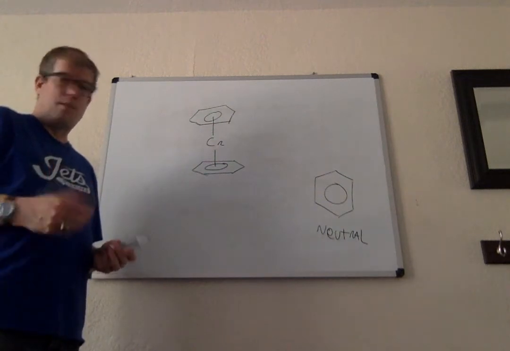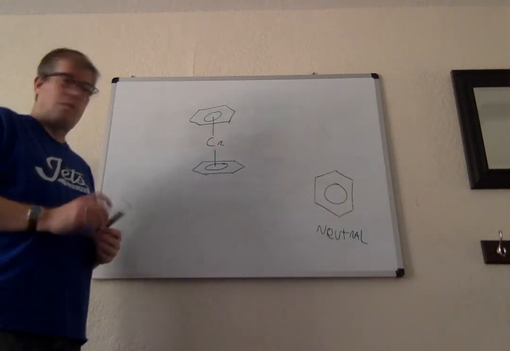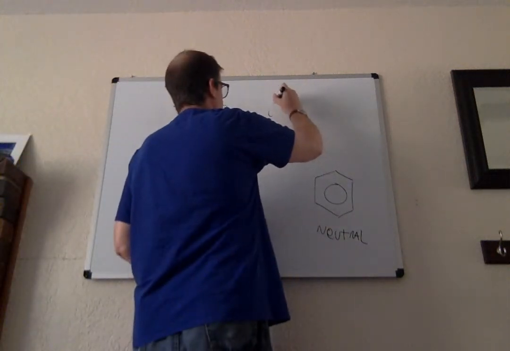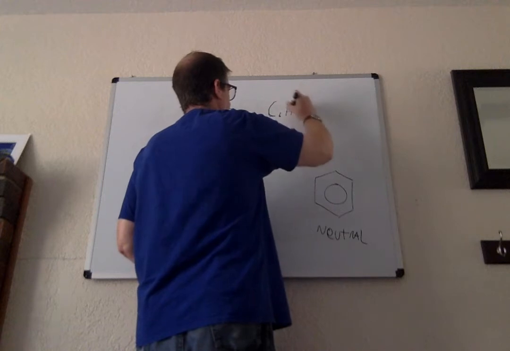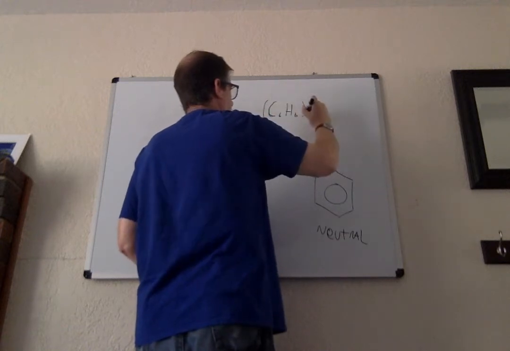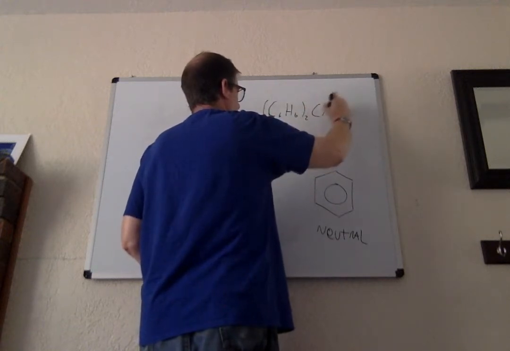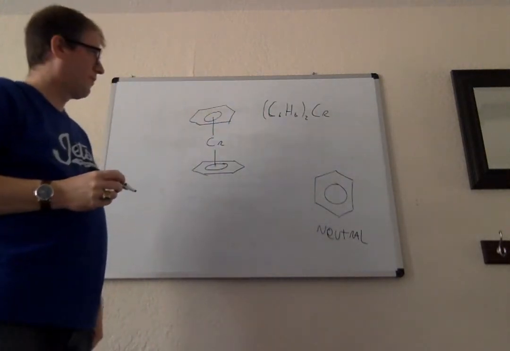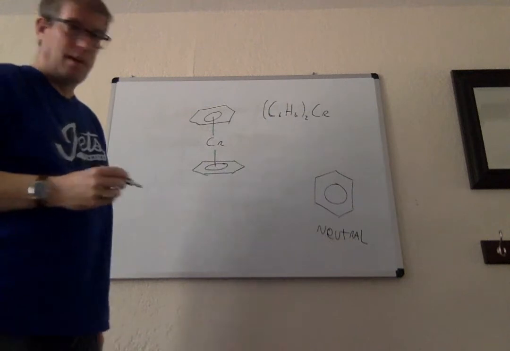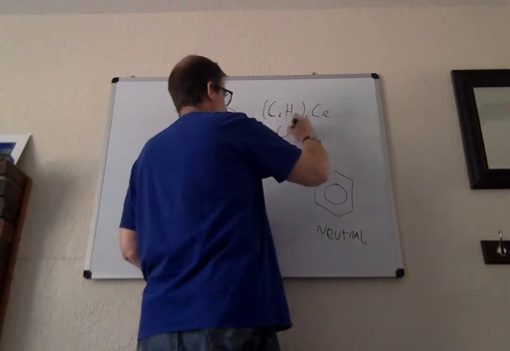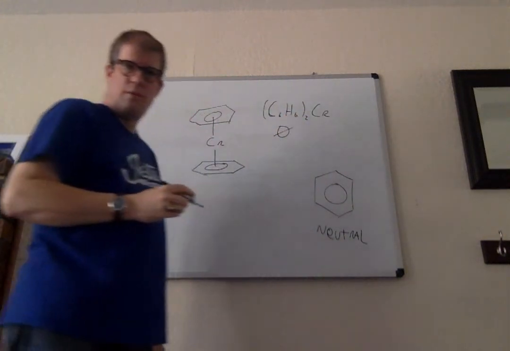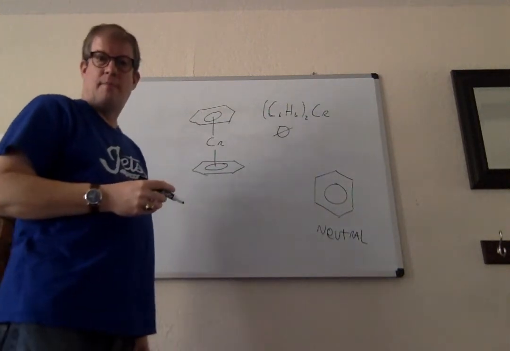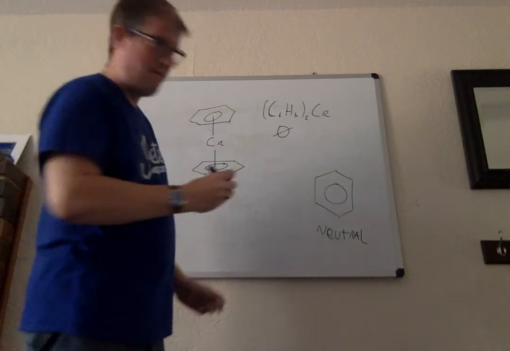The answer to that is, all right, we start with chromium. We can write the formula like that. These ligands are neutral. They have no charge. Therefore, the chromium has no charge either.